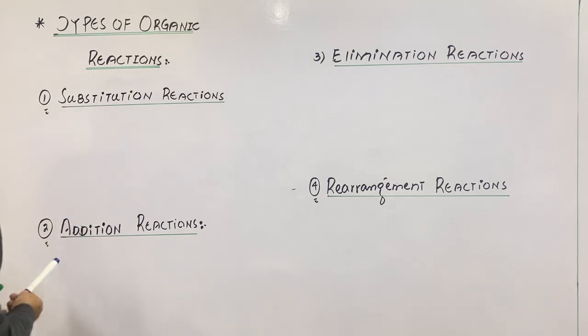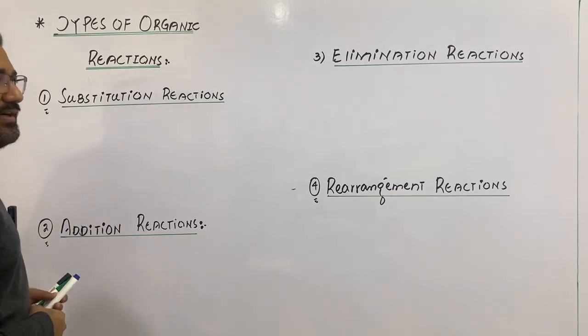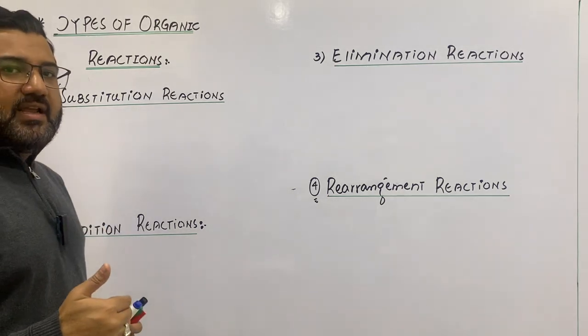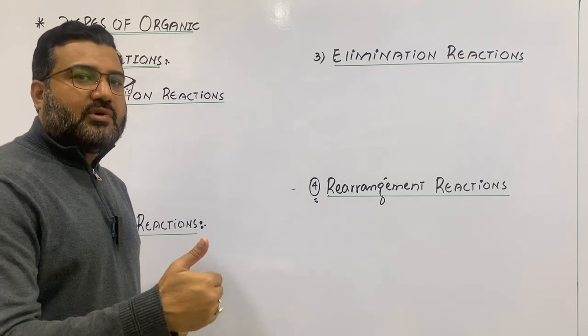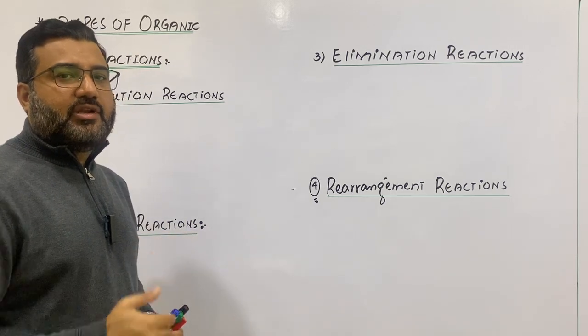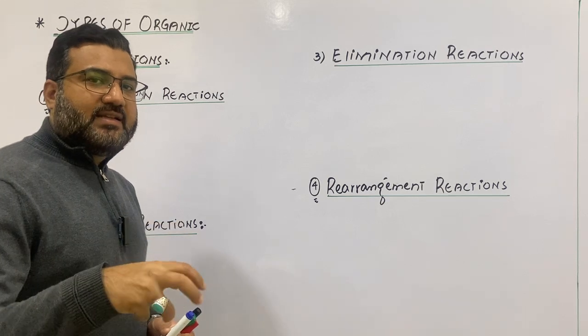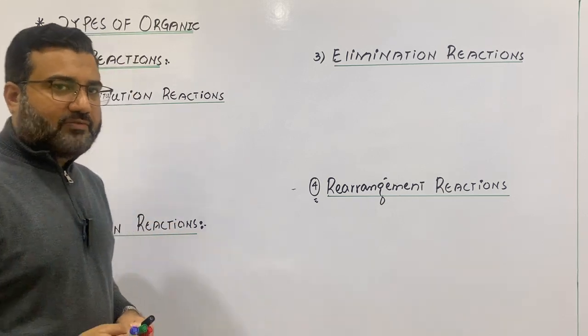Substitution reactions are also called replacement reactions, in which an atom or group of atoms directly attached to a carbon atom of the substrate molecule is replaced by some other atom or group of atoms.